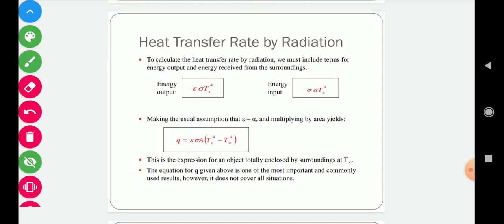For example, if we have one object, the energy output will be epsilon sigma T raised to power 4.